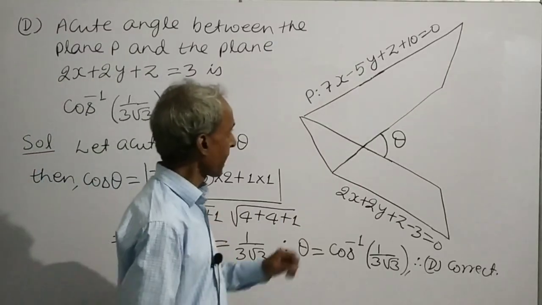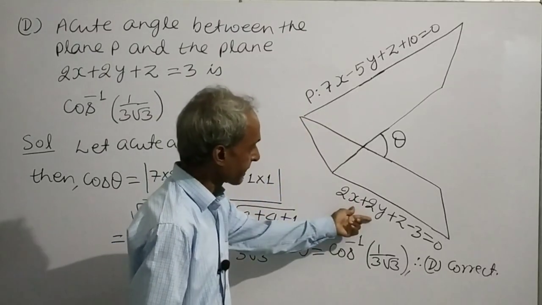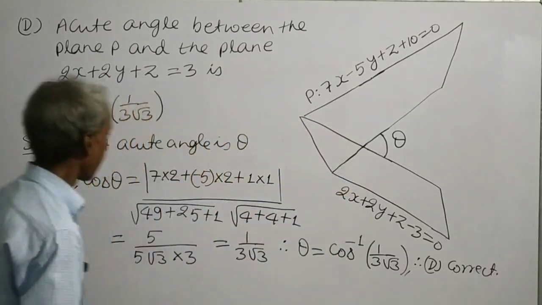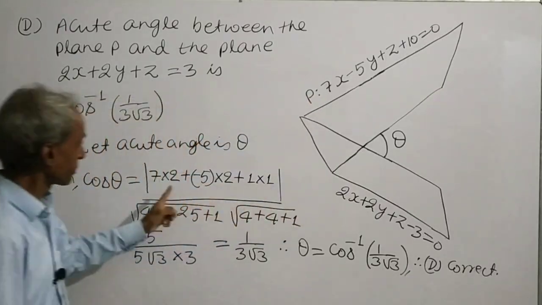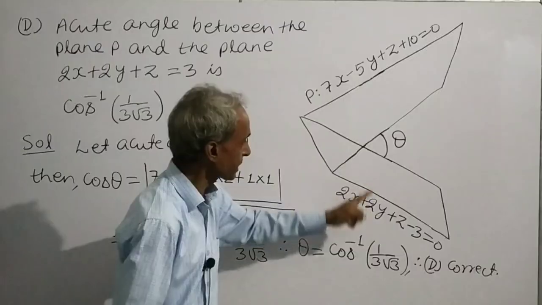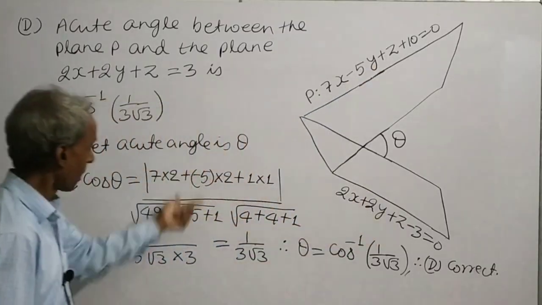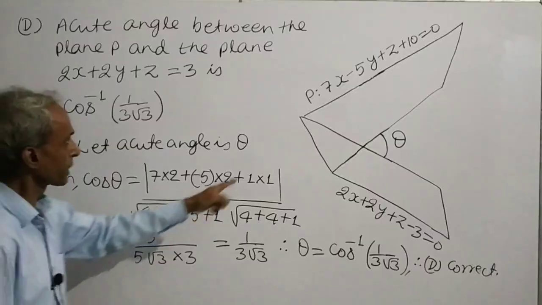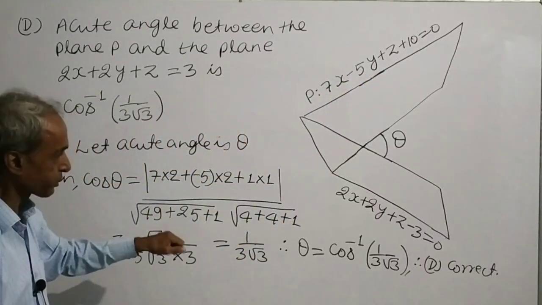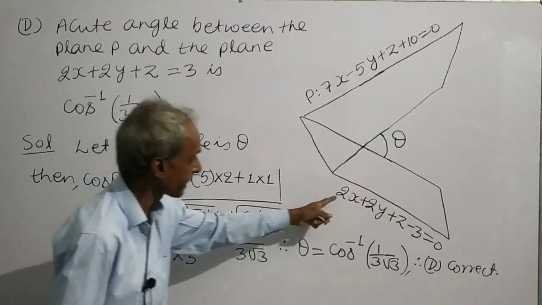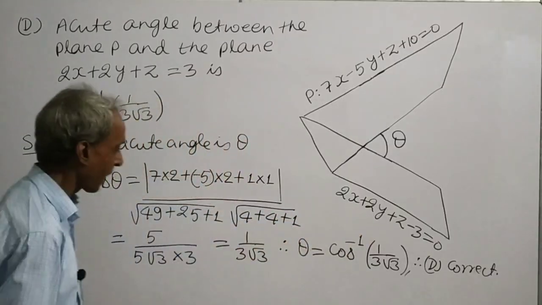We suppose that the acute angle between plane P and this plane is theta. Then cos theta is equal to mod of 7 times 2 plus minus 5 times 2 plus 1 times 1, divided by root under this square plus this square plus 1 square times root under 2 square plus 2 square plus 1 square.